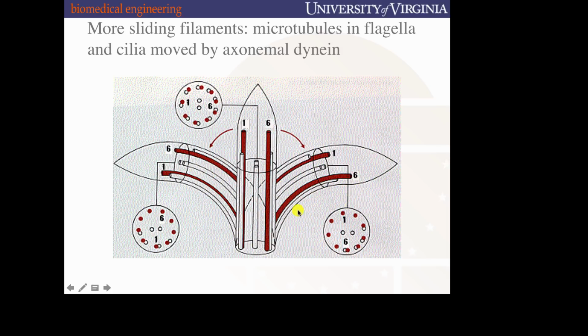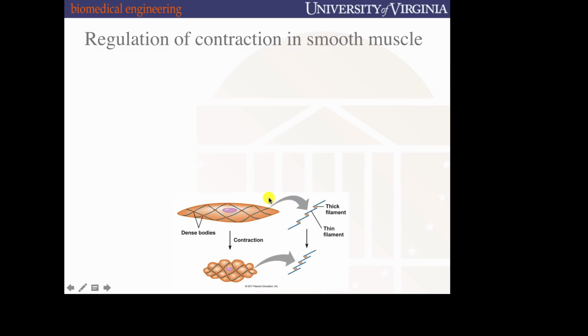So this is almost like a thermostat, where you have two metals against one another, and due to their various expansion coefficients, you get bending. That's what's happening here. Okay, so let's now talk about regulation of contraction in smooth muscle cells.